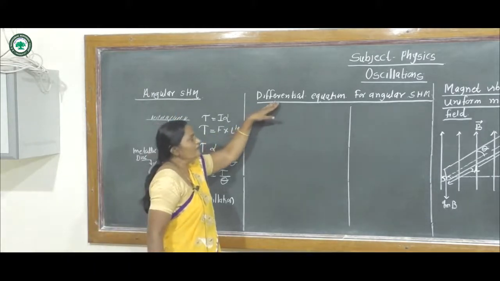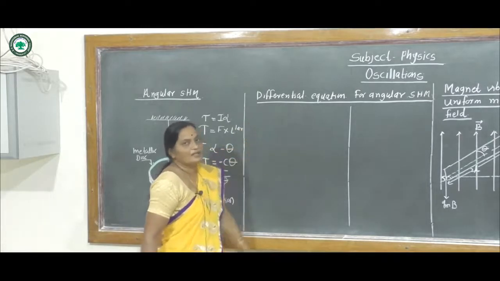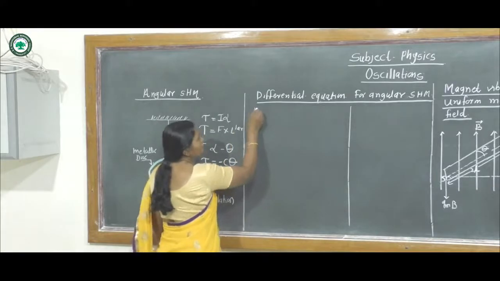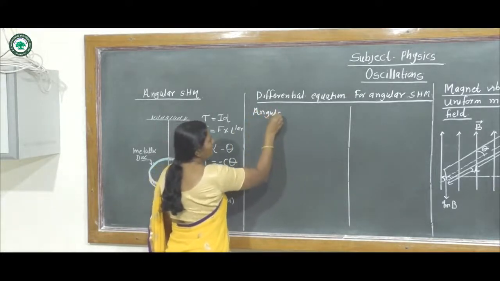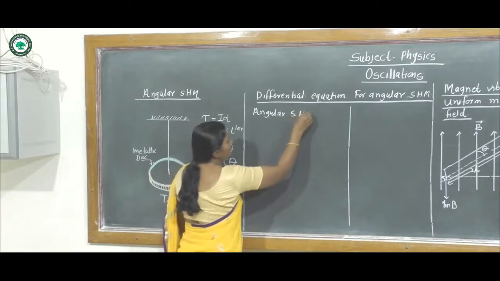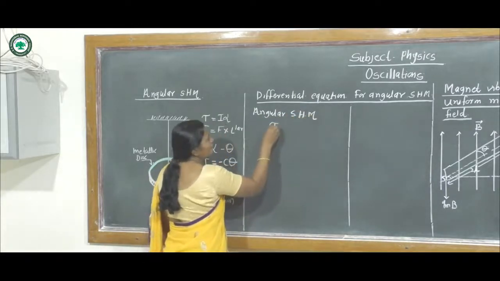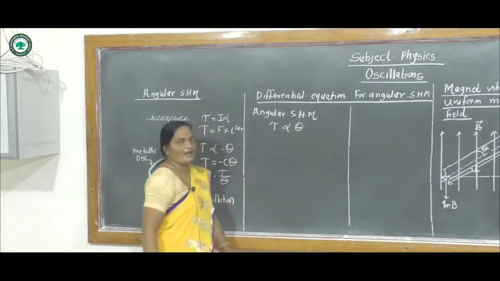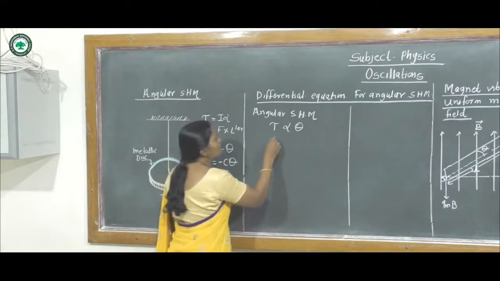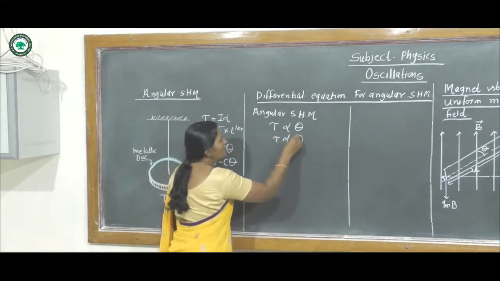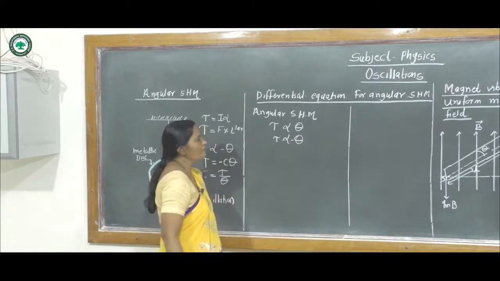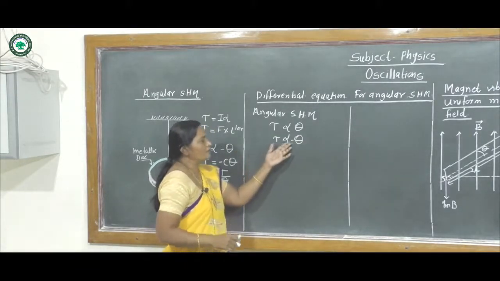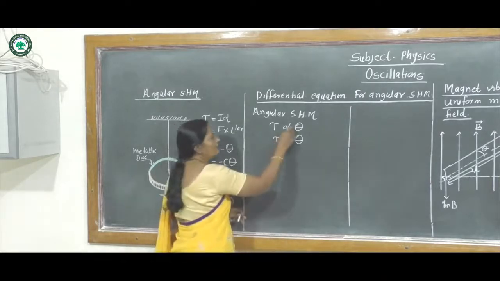We find the differential equation for the angular SHM. Angular SHM satisfies two conditions, that is, the restoring torque is directly proportional to the magnitude of angular displacement and it is directed towards the mean position. Therefore, we can write torque is directly proportional to minus theta.